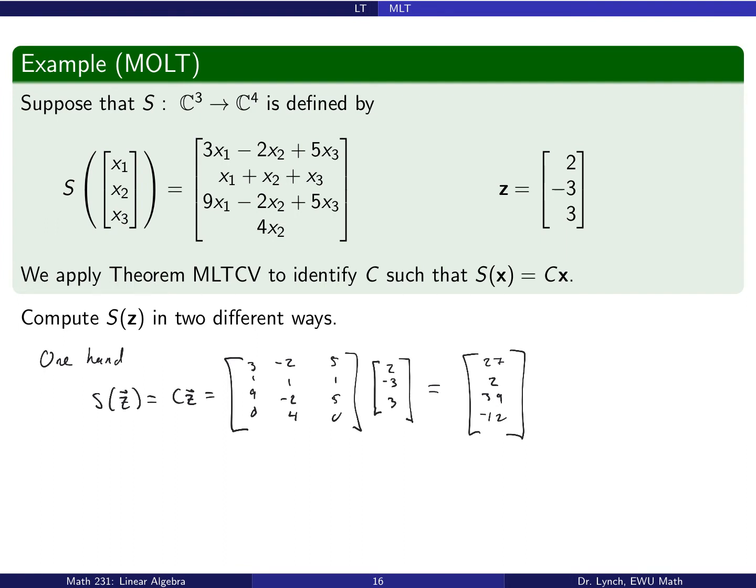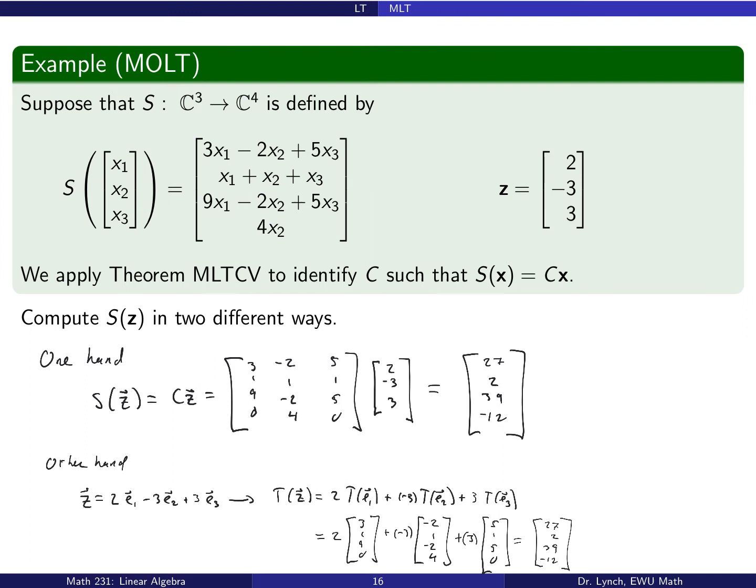On the other hand, we could also write Z as a linear combination of the unit vectors in C3, and since we know their images, we know how to identify the sum of those linear combinations. Not surprisingly, looking at the image of the sum as the sum of the images, we get the same answer, (27, 2, 39, -12).